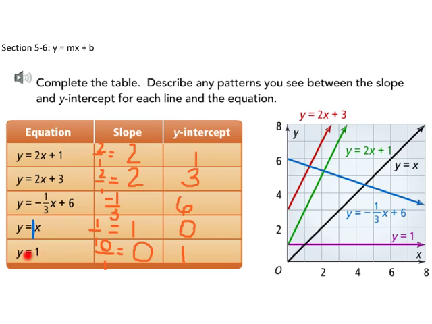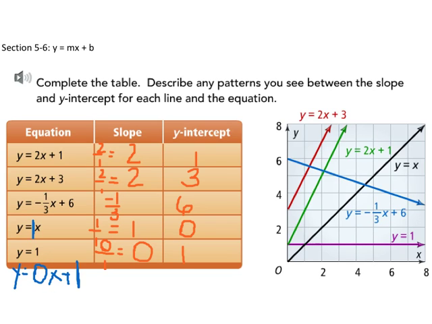In this equation, I don't have an x. So what I'm going to do is put in y equals 0x, because I don't have any x's, it's 0x plus 1. So you can see now that the slope 0 actually is in that equation. I just don't have any x's, so that's why it's 0.